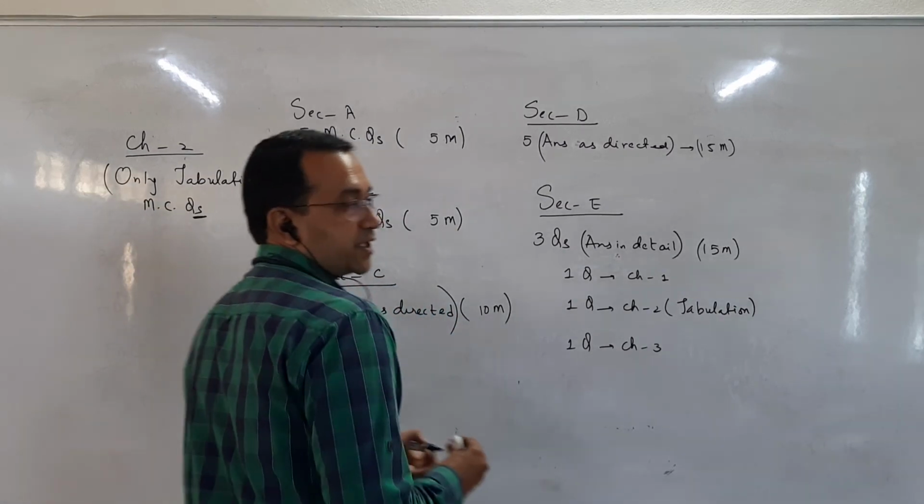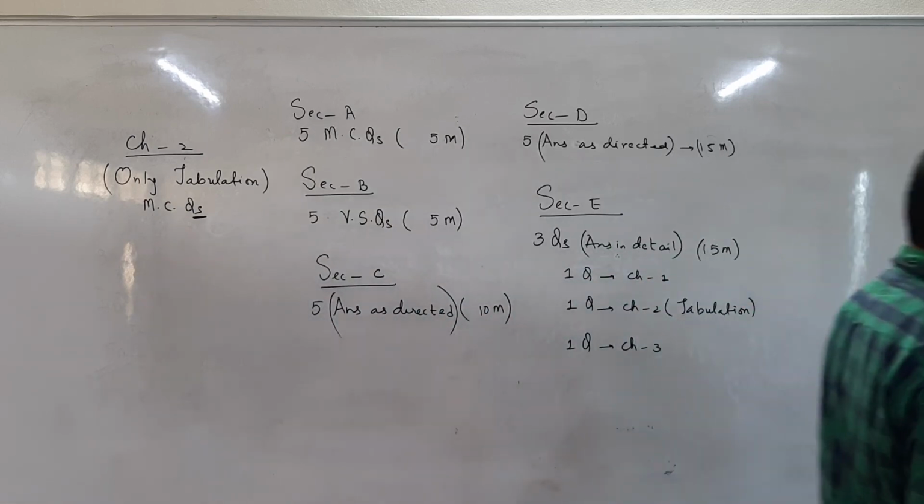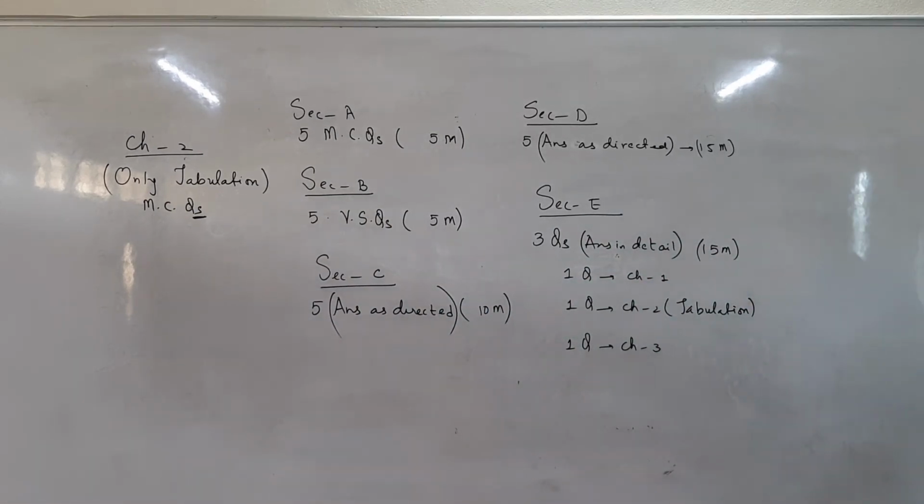Say, how many types of tables are there? Then I can say, students, there are basically 2 types of tables: simple table and multiple table or manifold table. So from chapter 2, only tabulation.